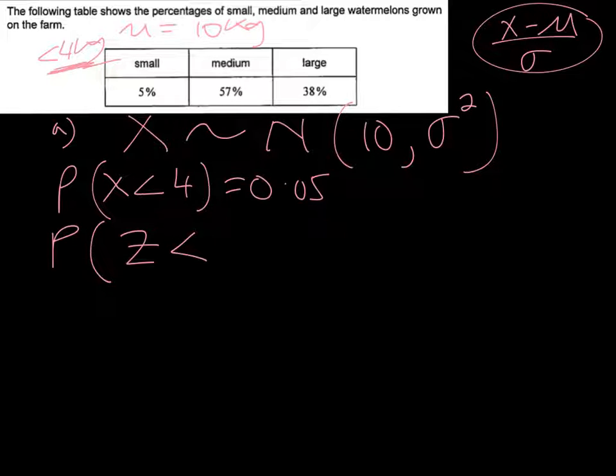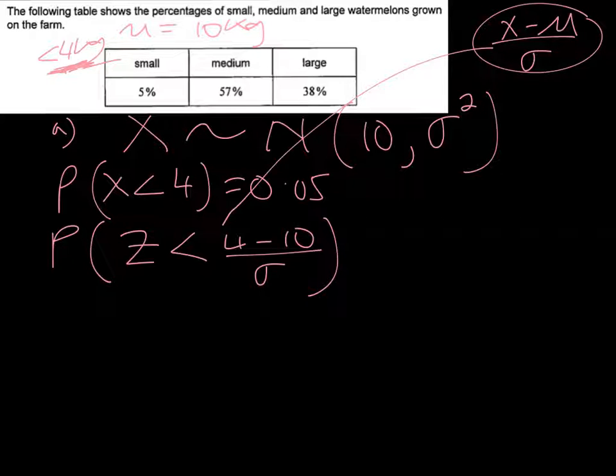So if I substitute that in, the probability that Z is less than 4 minus 10, where 4 is the weight of the small watermelons and 10 is the average, all over my standard deviation, which I don't know. But by standardizing, I know this probability will equal 0.05.